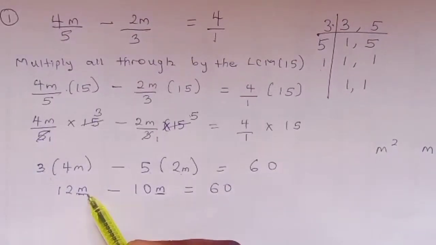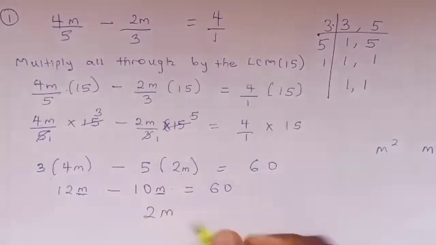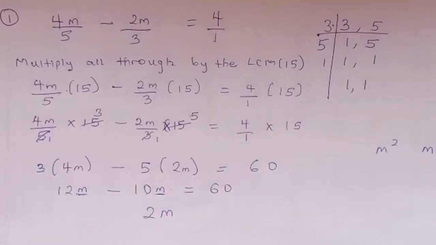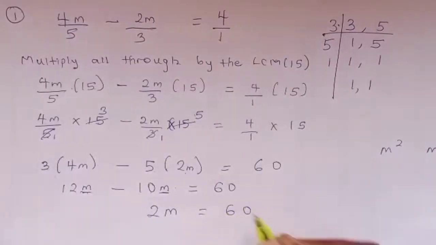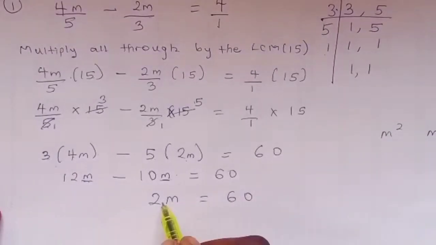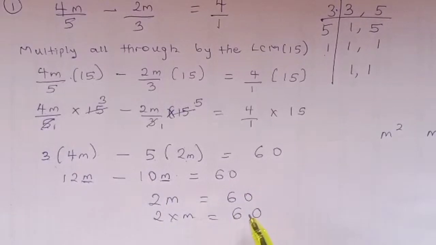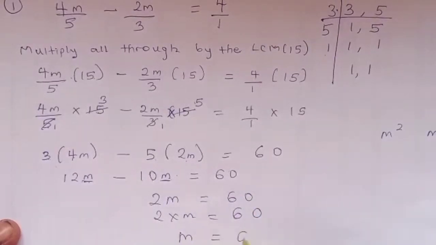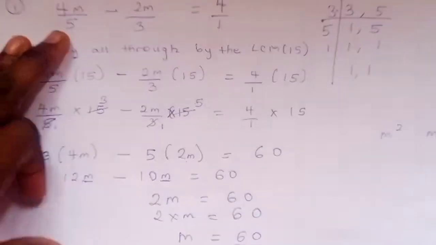So that will be 12m minus 10m, which is going to give us 2m. 12 minus 10 is 2. Then you apply your m, equals 60. Now this is also 2 times m equals 60, and then you apply the formula we used before. You divide by 2. m is equal to 60 divided by 2, and m is equal to 30. So the value for m is 30.